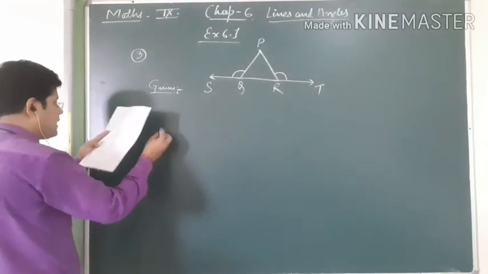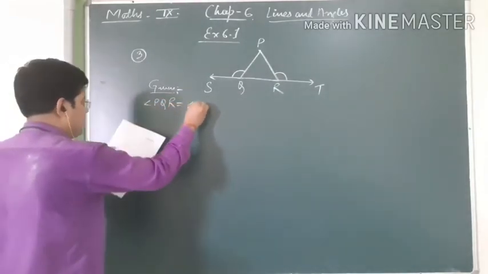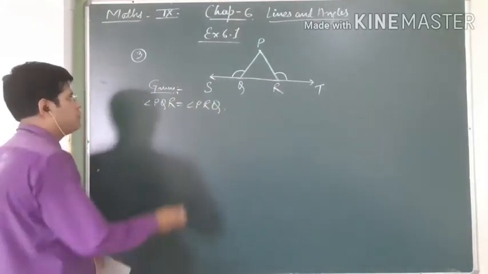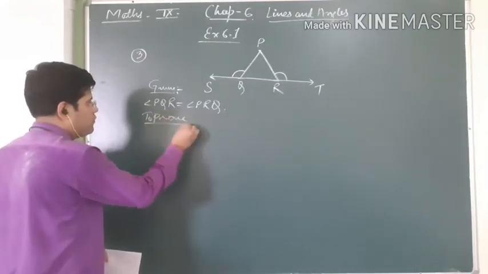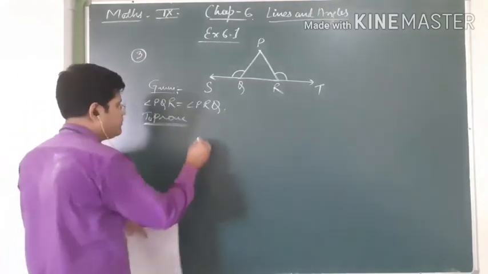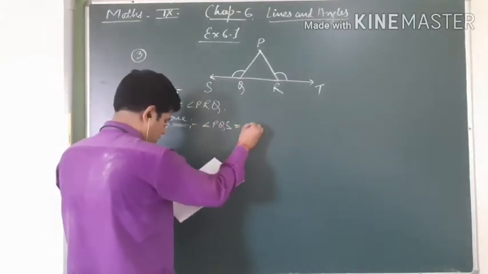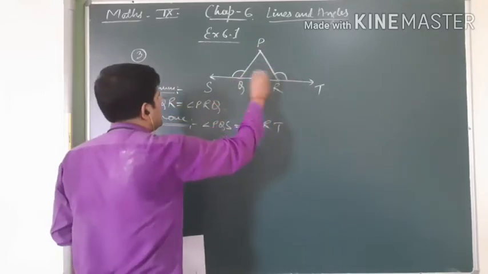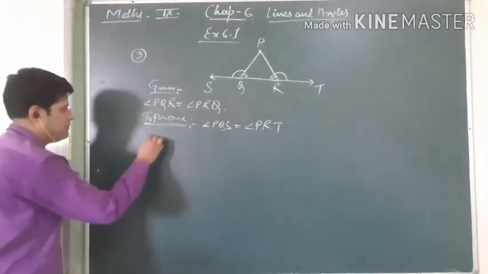Given is angle PQR is equal to angle PRQ. Okay, and we have to prove angle PQS is equal to angle PRT. So how do we prove that?